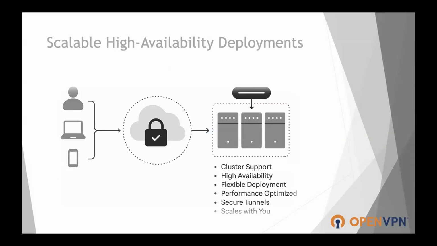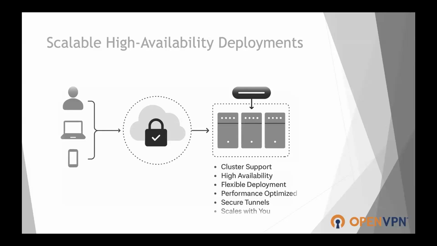So here's a slide which talks about the scalability and high availability of Access Server. We call it Access Server clustering, in which multiple Access Server nodes, they can be geographically separate too, all share one central database so that all the certificates are stored in there.